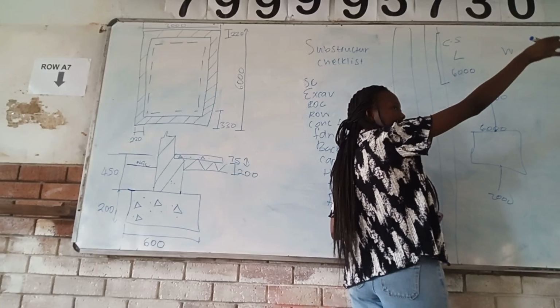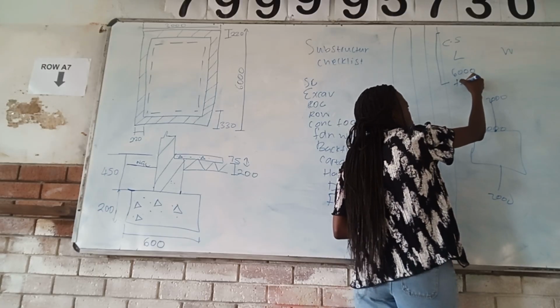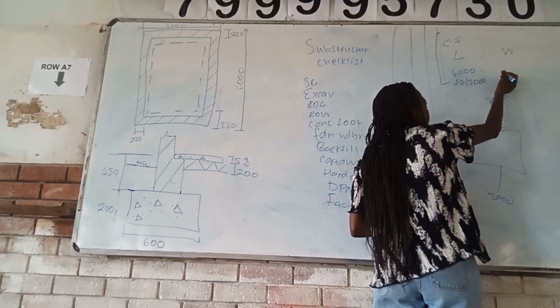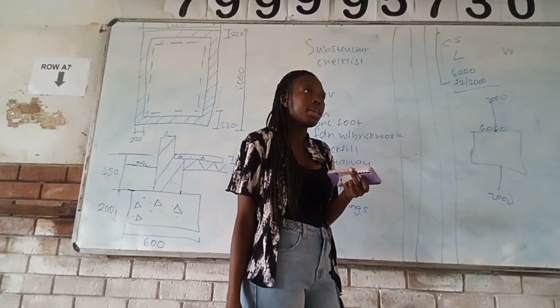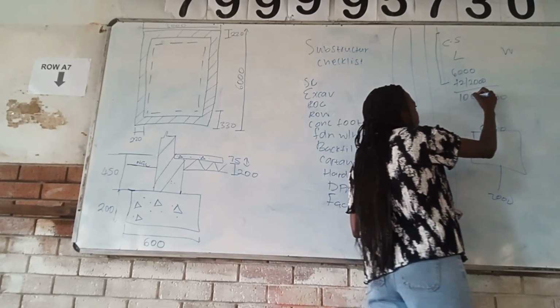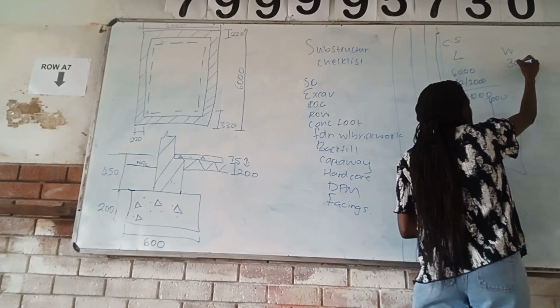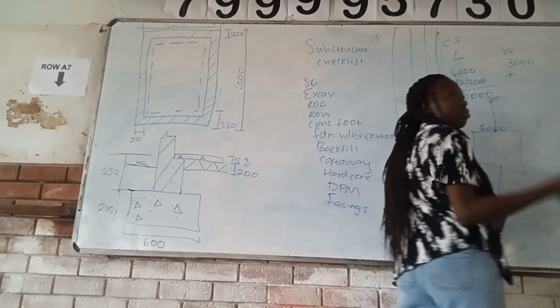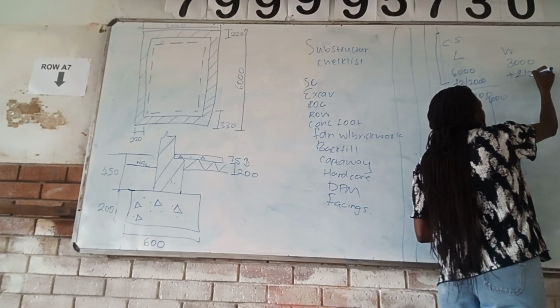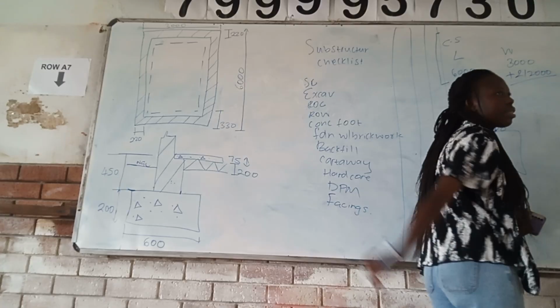You are clearing 2 meters extra, so plus 2 of 2,000. And then what does it give us? 10,000. And then we have 3,000 plus 2 of 2,000. What does it give us?